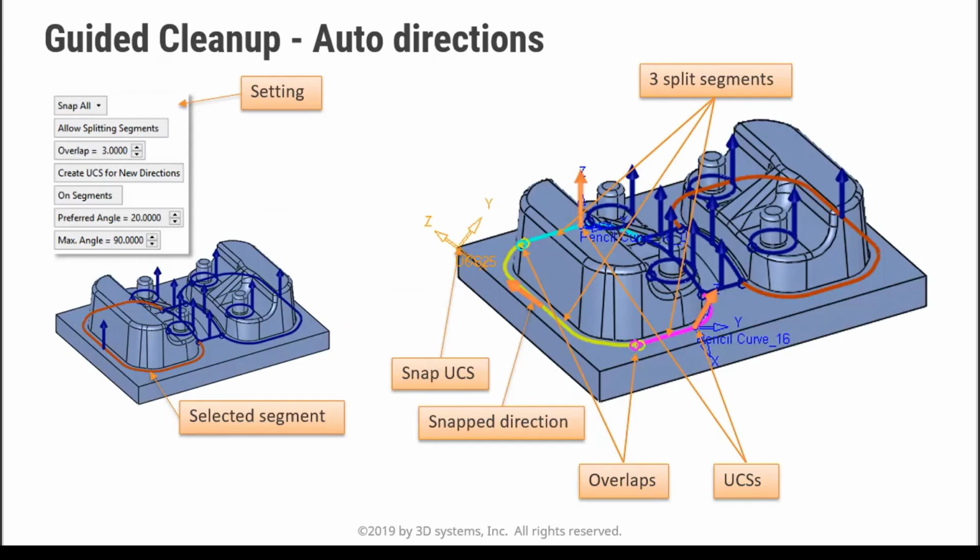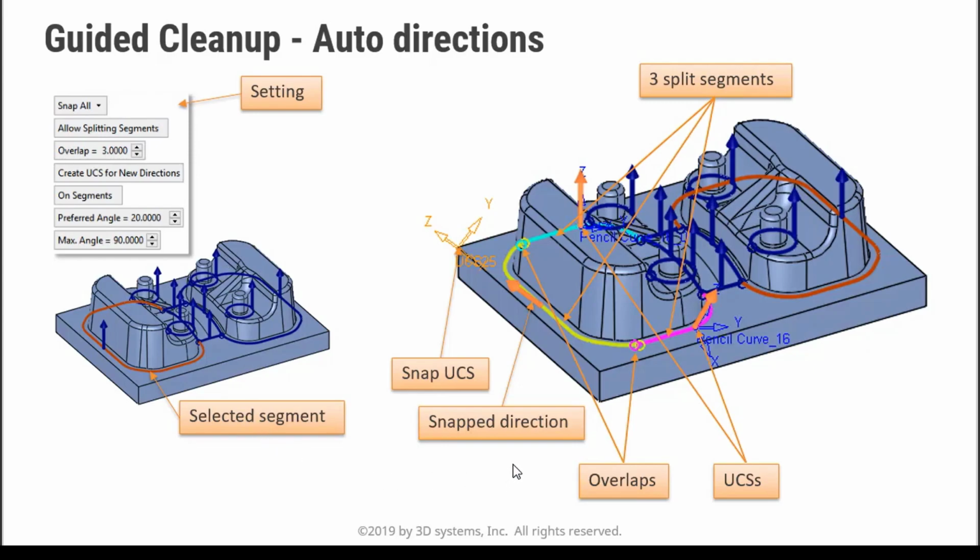In this slide, we can see an example of the process. First step is to select a segment or several segments. Then click on the Auto Direction icon. Next step is Parameter Setting, and Apply.